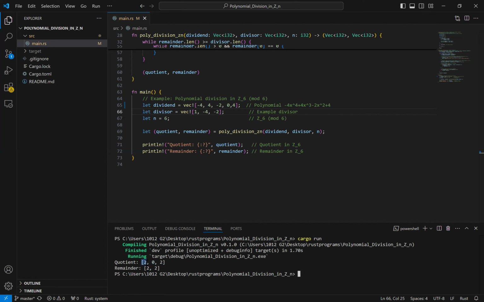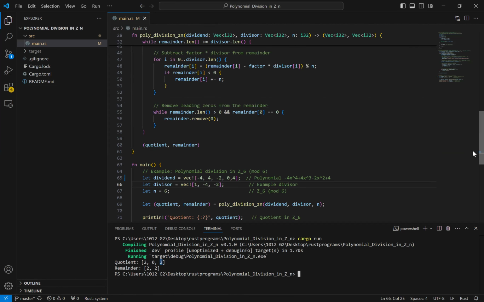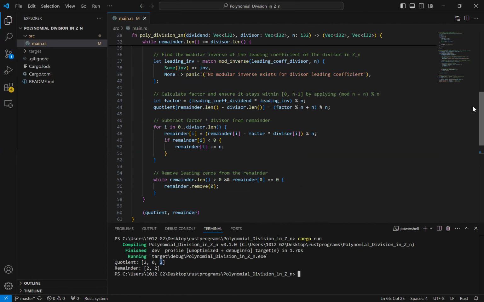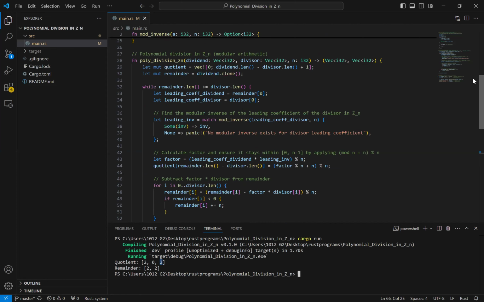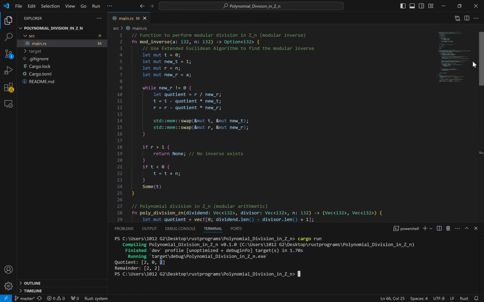So this is 2x squared plus 2. So it gives you positive results. Otherwise, if you don't write properly, then it will be giving you negative results, mixing positive and negative results.